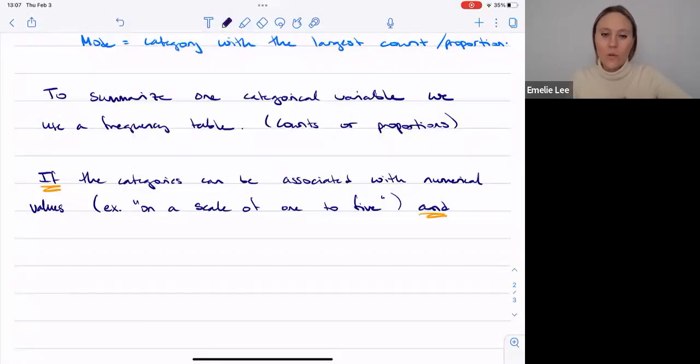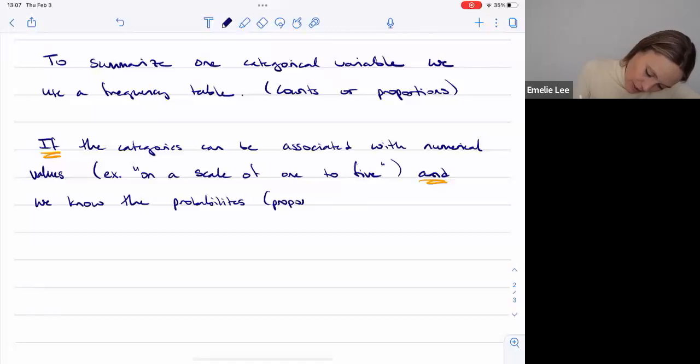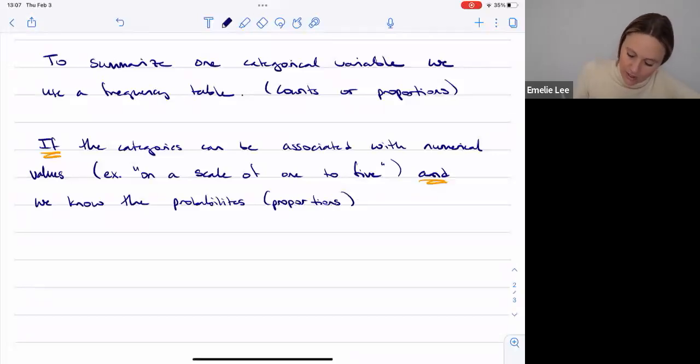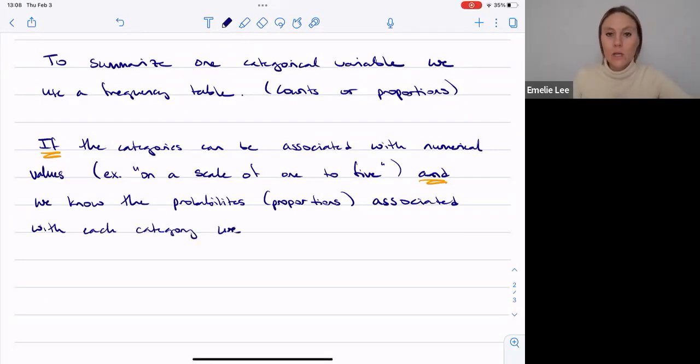And we know the probabilities or proportions associated with each category, we can calculate the expected value, and the expected value is a mean.